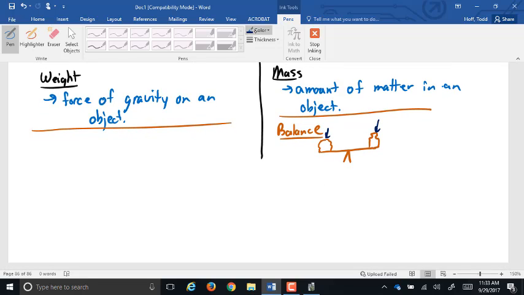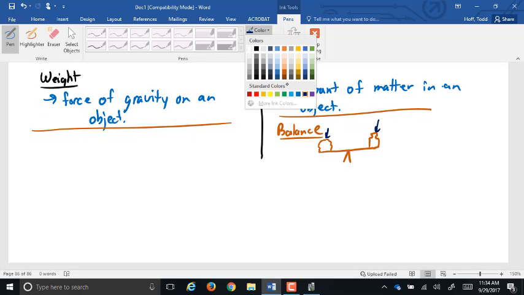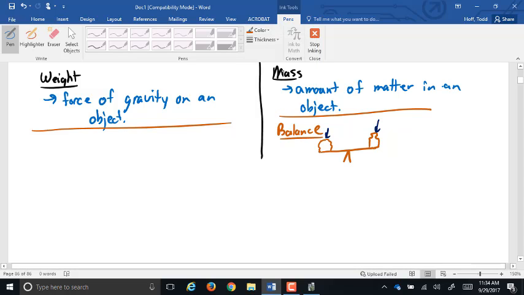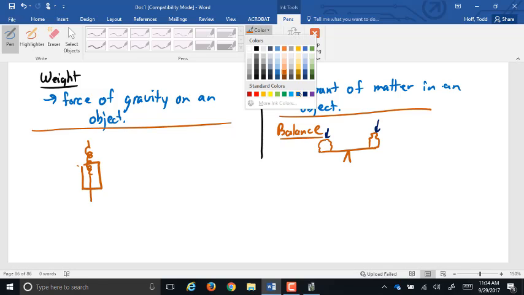Weight is usually measured with a spring. And a spring will stretch depending on how much force is on it. You double the force, a good spring will stretch twice as much. So we usually have, on that spring, a scale.